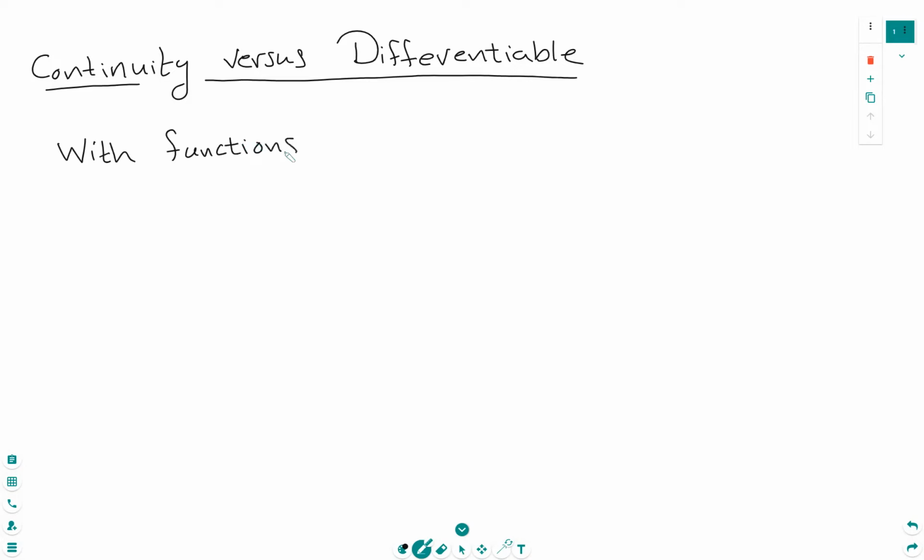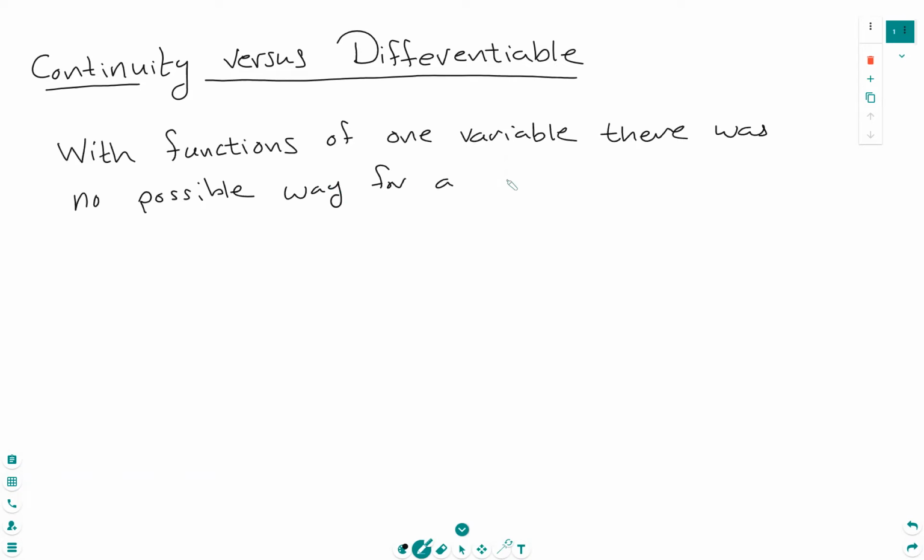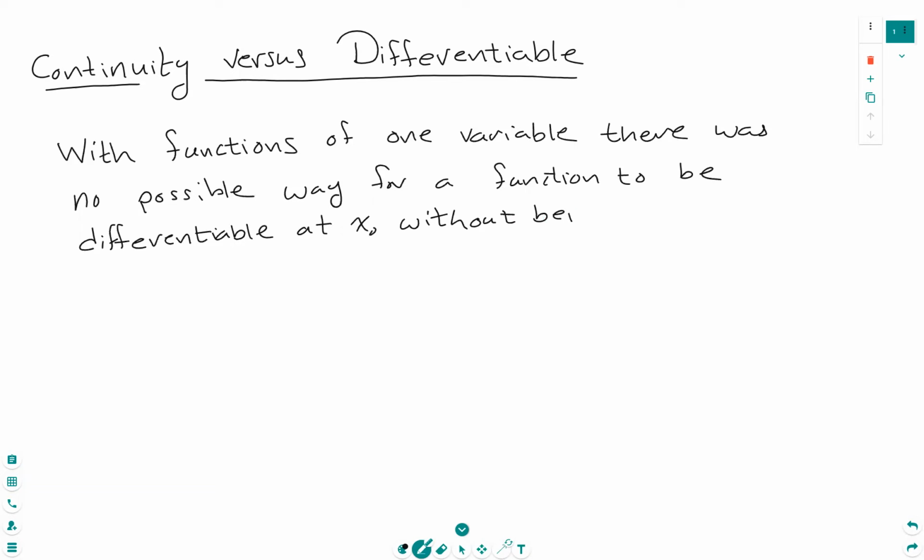With functions of one variable, there was no possible way for a function to be differentiable at some point x naught without being continuous at that same point.